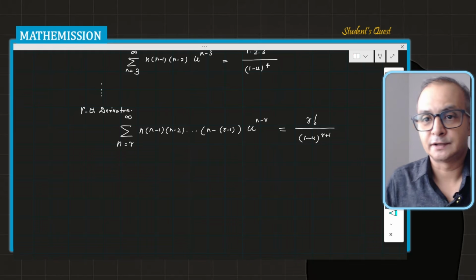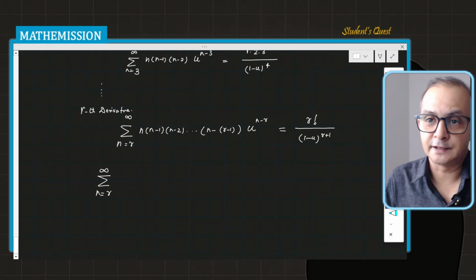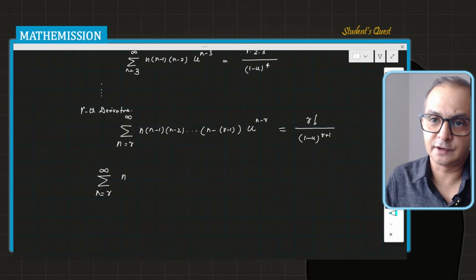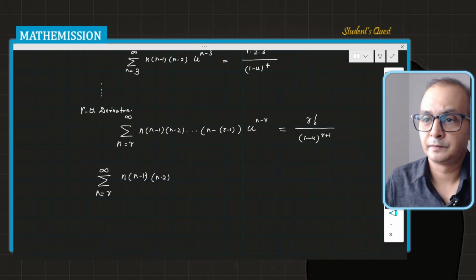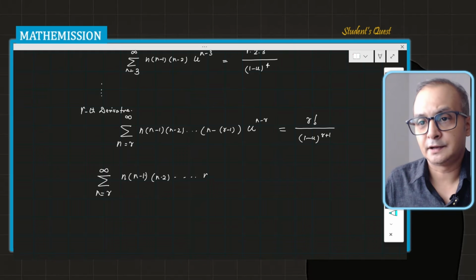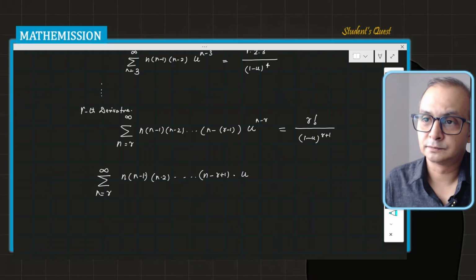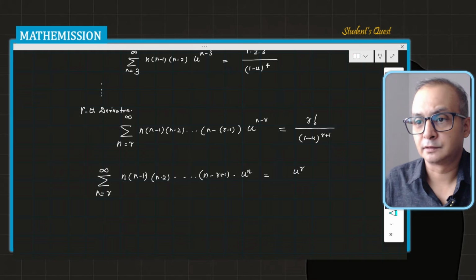So what I'm going to do is, let's see here, summation n goes from r to infinity, and let me write it, after that we will manage, n minus 1, n minus 2, till n minus r plus 1 I can write now, and this is going to be u to the power n, and here it will become u to the power r into r factorial, and divide by 1 minus u to the power r plus 1.